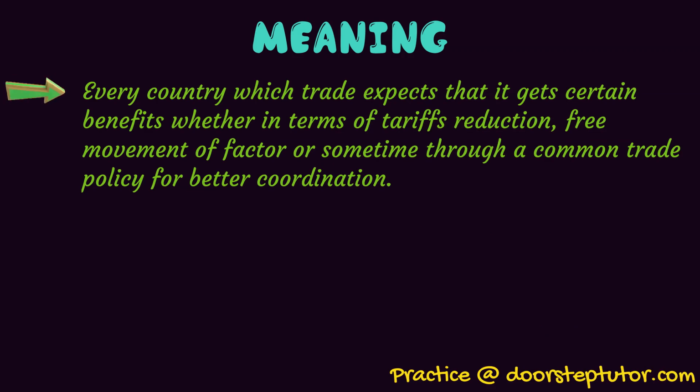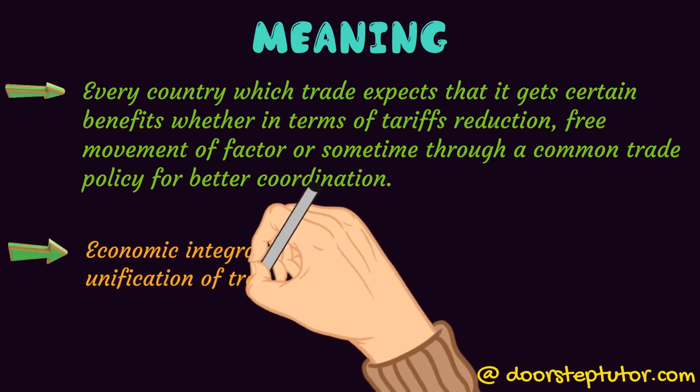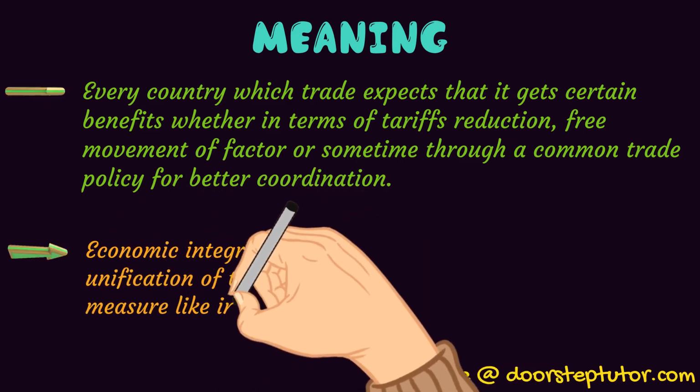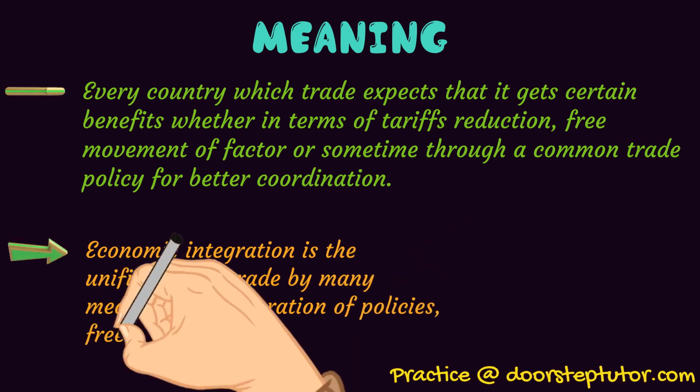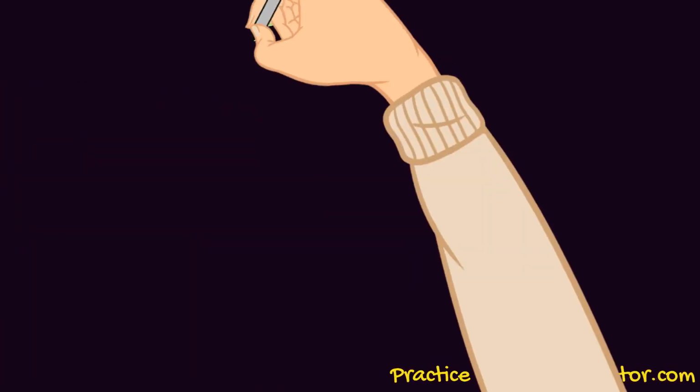But what we need to understand is that every country expects that while it is trading, it gets certain benefits. So, economic integration is the unification of the trade by many measures like integration of policies, free movement of labor, as I said. Now, what is the purpose of integrating the economies or the trade?